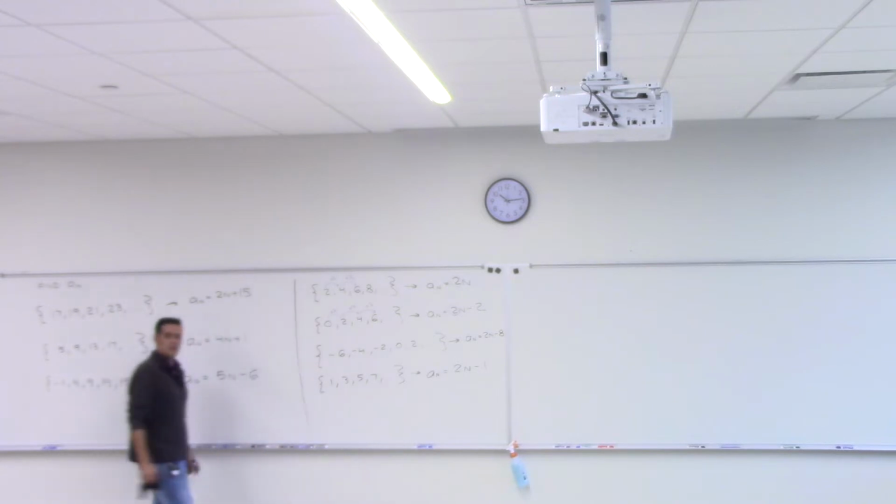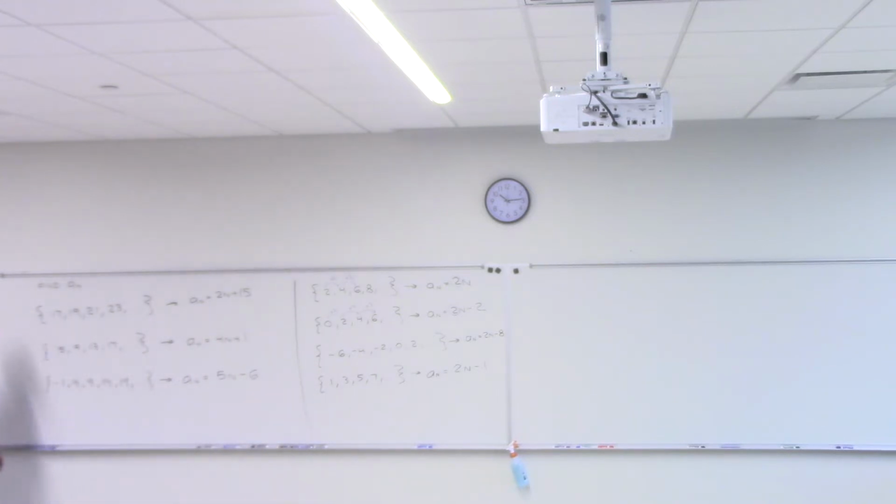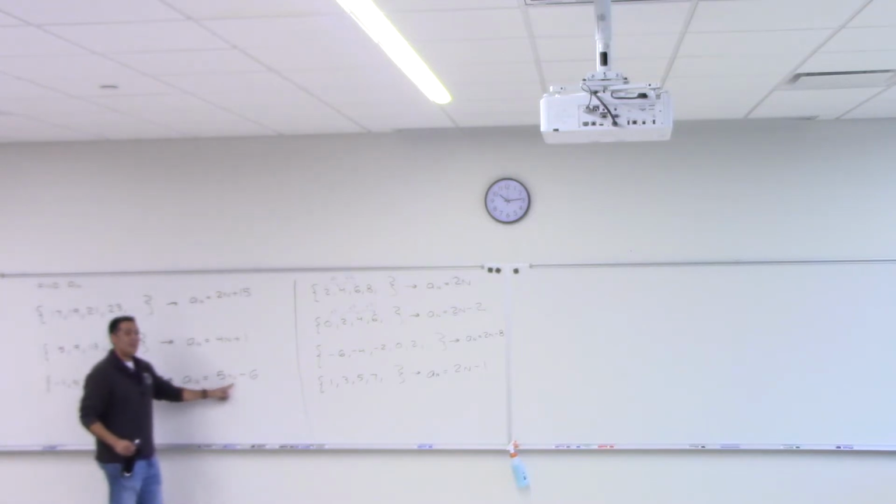Does that look right, everyone, or no? n's going to start at 1. Let's see. Do these jump by 5? Yeah, that jumps by 5 there, right? 5, 5, 5. But we need to start at -1, so we're going to put 5n minus 6.